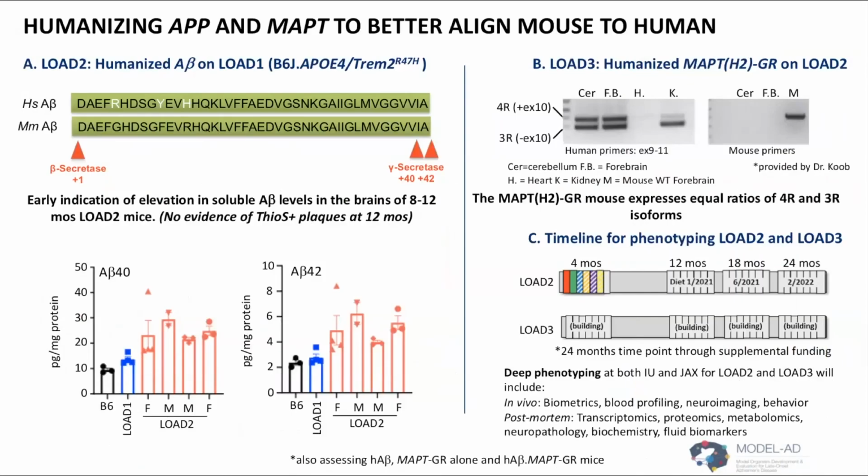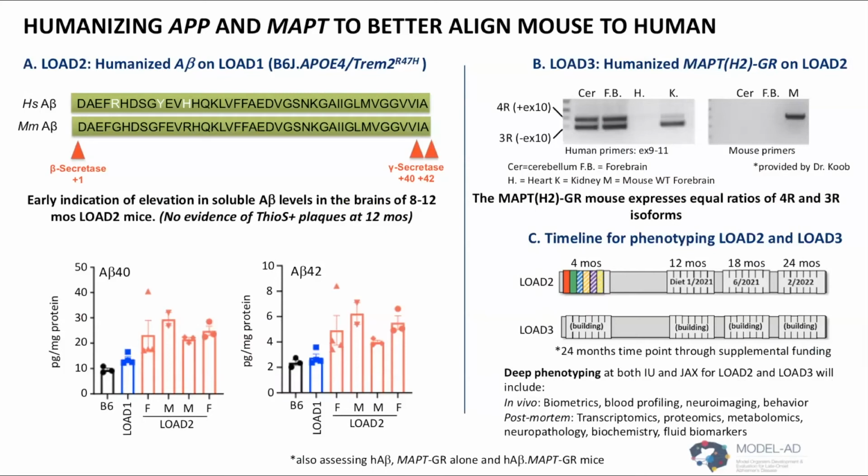So the second set of models I want to describe is the humanizing of APP and the humanizing of tau to better align the mouse to the human. For those of you who know a bit about Alzheimer's disease, you may know that the human A beta sequence is actually different to the mouse A beta sequence in 3 amino acids, as shown here, the Y, the R, the Y, and the H. This is thought to render the human protein more amyloidogenic.